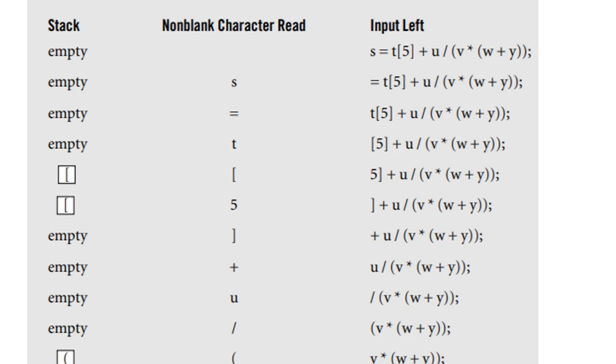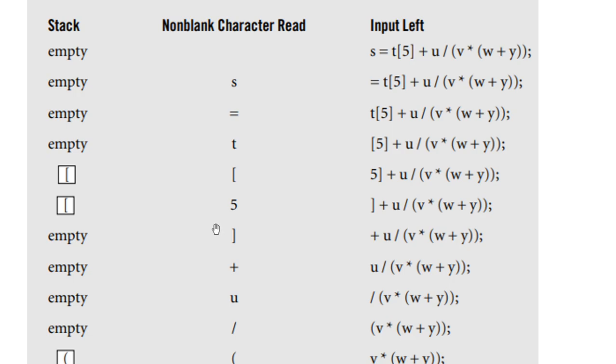When the close bracket is read, it will check in the stack whether there is a partner of the close bracket. So in our stack, we have an existing open bracket, and our currently read character is the close bracket.